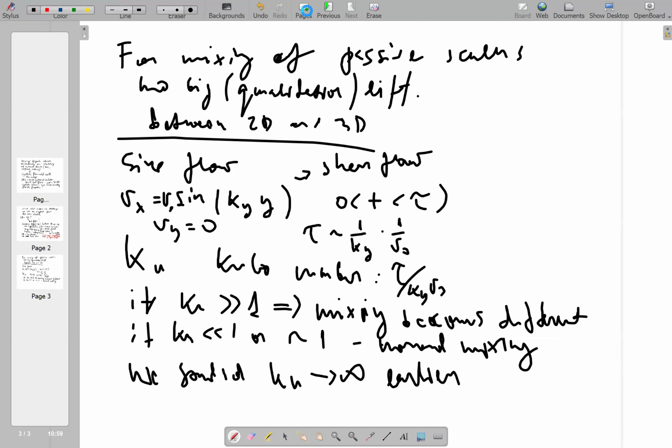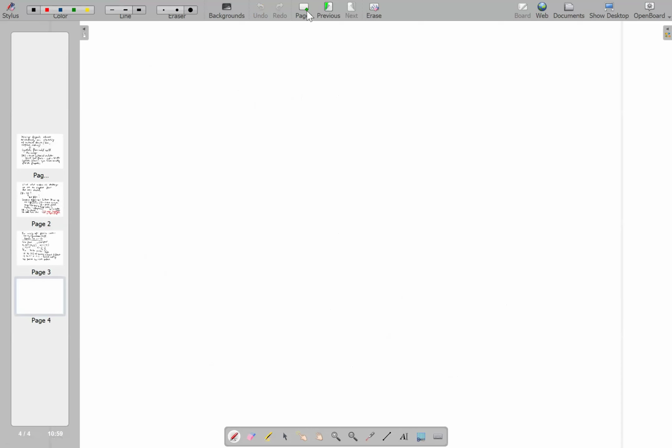So first we have Vx equals v naught sin ky y, as long as t0 is smaller than t smaller than tau.